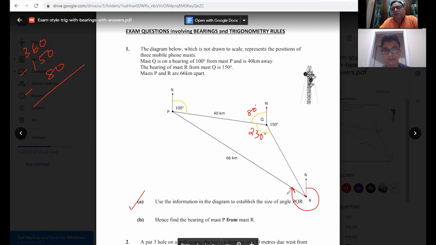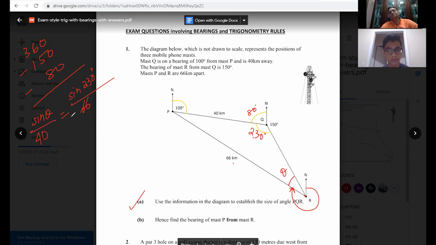So you can use which trigonometric, sine law or cosine law to figure it out. We know one combination which is opposite, so we can find this particular angle. Let me call this angle as theta. Is it okay? So we'll use sine theta over the side opposite to it, 40, equals sine of 230 over 66.